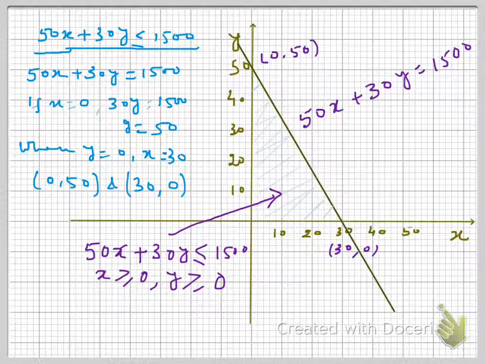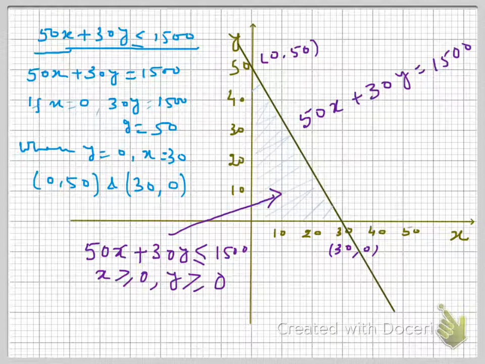If you substitute the value of X as 0 and Y as 0, you will get 0, which is less than 1500. So this side, that is the downside, where you find the origin lying, is giving you the value of 50X plus 30Y less than 1500.